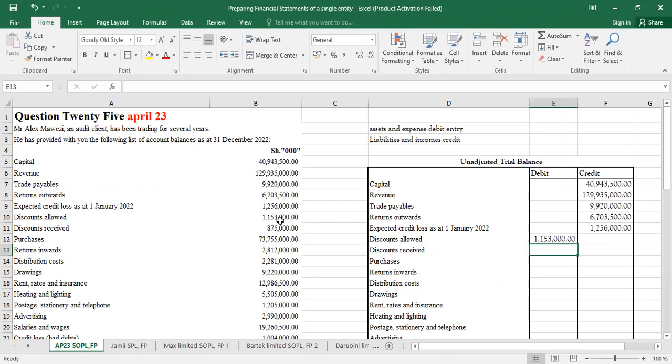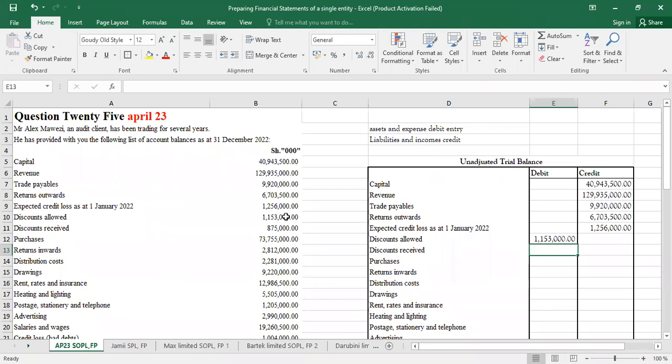So sorry, I have confused the explanation. Discount allowed, isn't it? We were selling to a customer, but we allowed him a discount, isn't it? So it's reducing our revenue. So to reduce our revenue, we debit, isn't it?